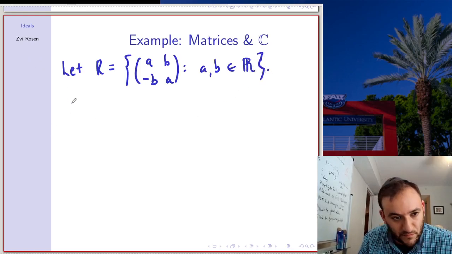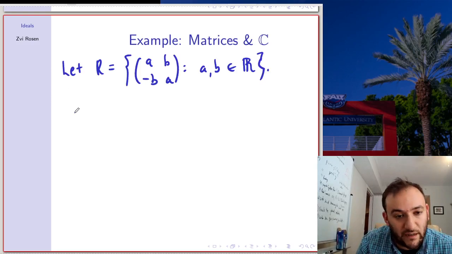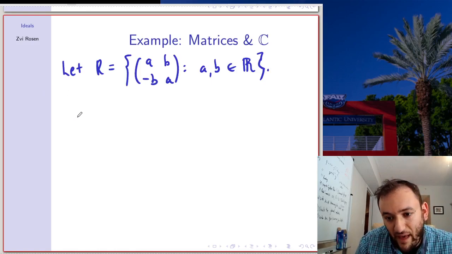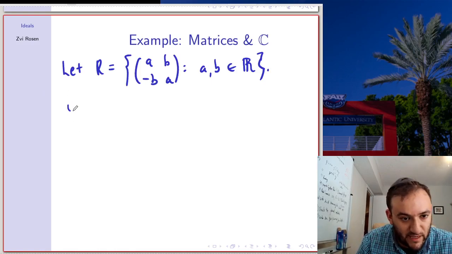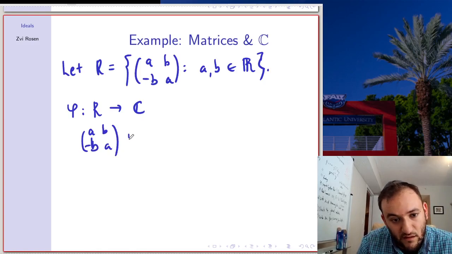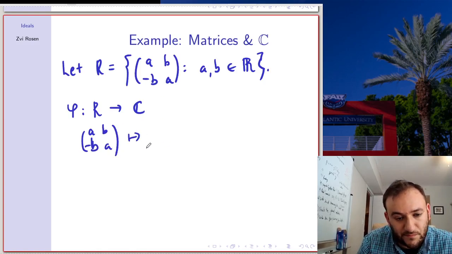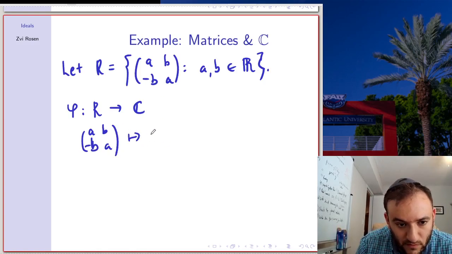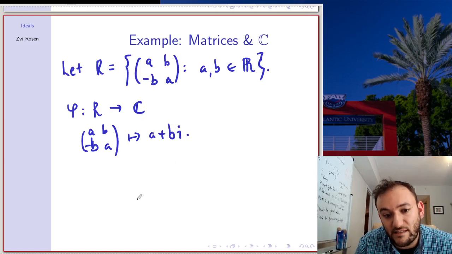Then we're going to define a map to the complex numbers. So we'll take phi from R to C, which sends (a, b; minus b, a) to a plus bi. So we have to check that this is a homomorphism.